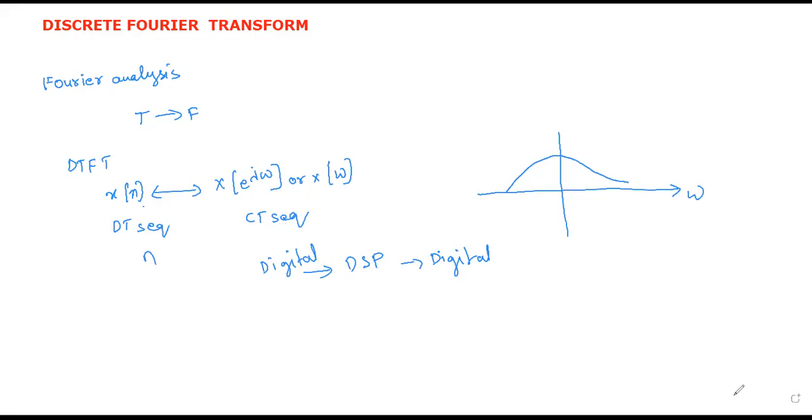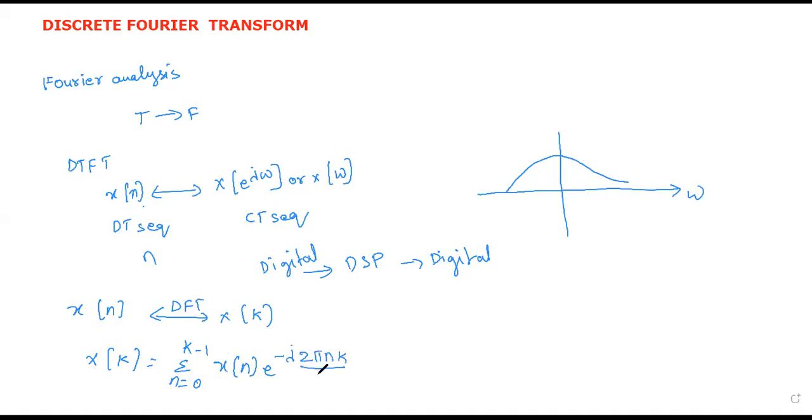Okay, so let us see how a signal is transformed by using the discrete Fourier transform. Suppose x of n has the discrete Fourier transform x of k, then x of k can be evaluated as sigma n is equal to 0 to capital N minus 1 x of n into e to the power of minus j 2 pi n k by capital N, where k is equal to 0, 1, so on to N minus 1, right?